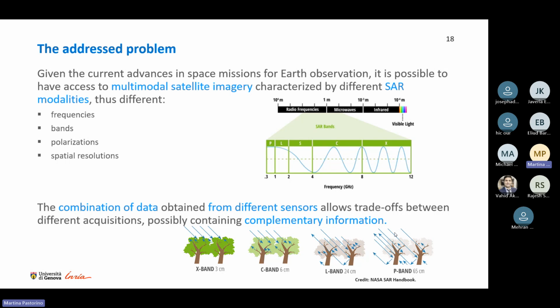And these different characteristics influence the way the electromagnetic wave emitted by these active sensors interacts with the surface of interest beneath. So it means that through this acquisition, we have complementary information. So it may be interesting to combine these different acquisitions to exploit all the information we can.